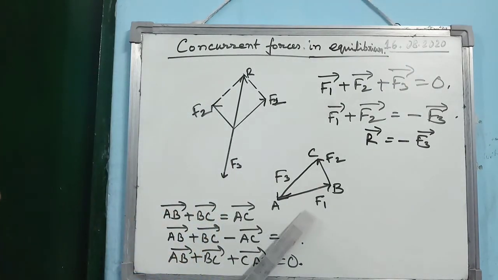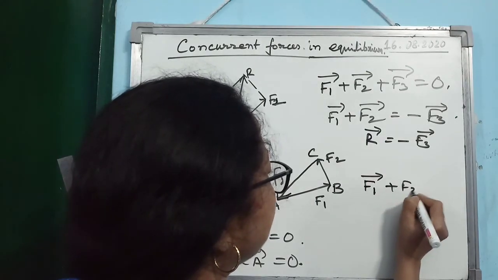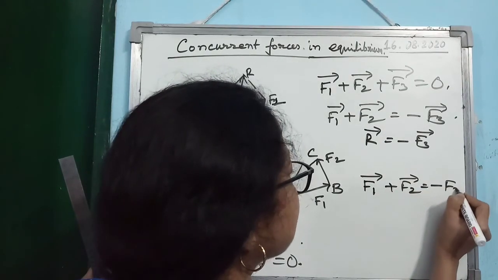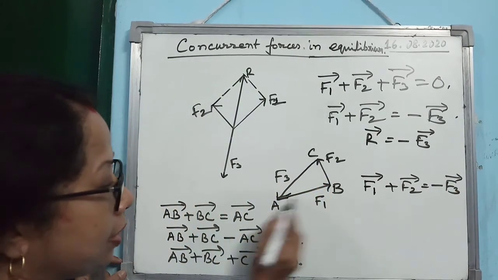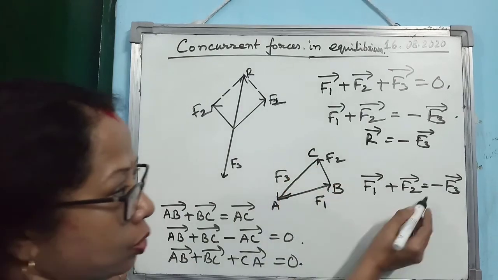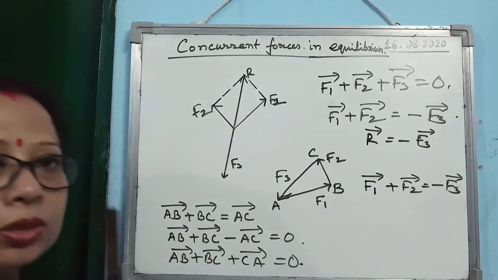So in this case you can write F1 plus F2 plus F3 equal to 0. Or you can write it this way, F1 plus F2 is equal to minus F3, because F3 is CA and F1 plus F2 is equal to AC. So minus F3 means F1 plus F2 plus F3 equal to 0.